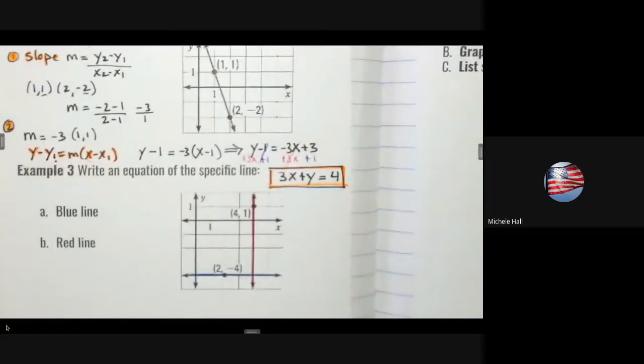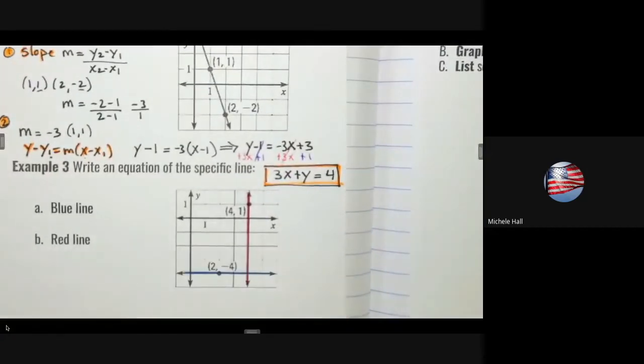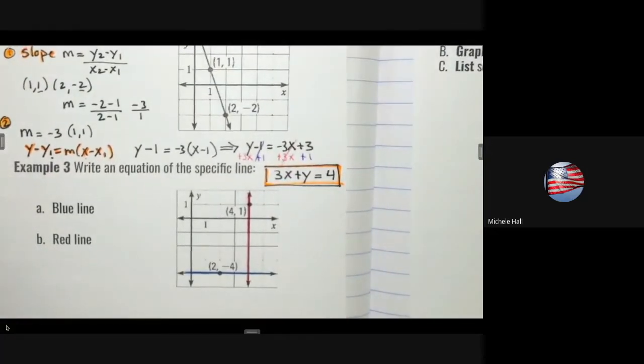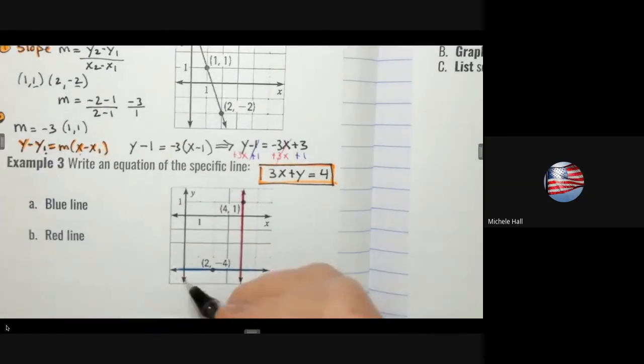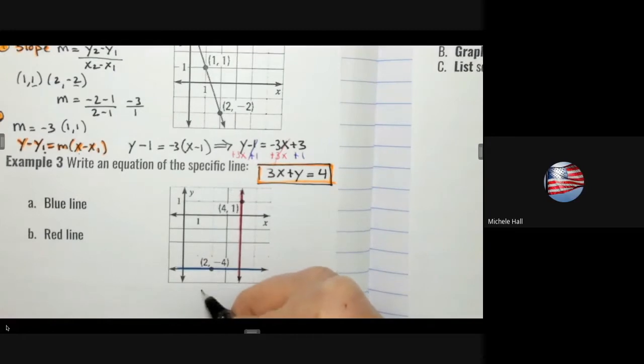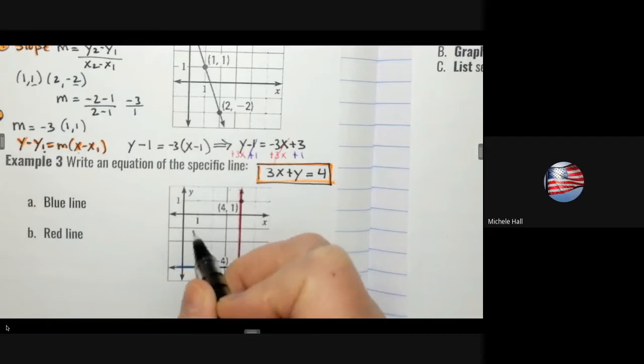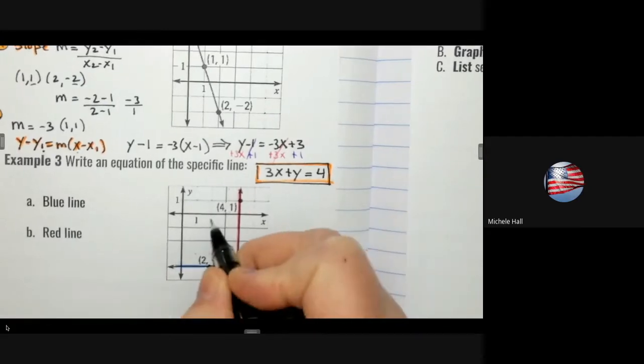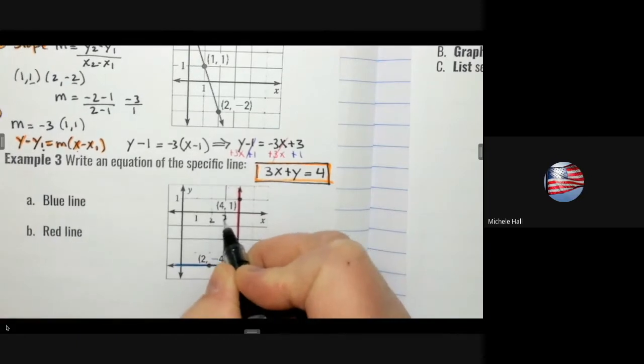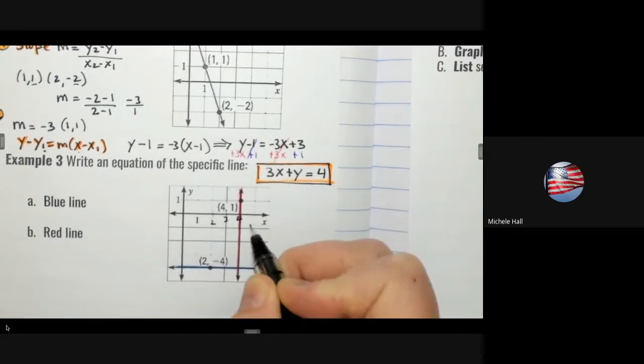So looking at these lines, we want to write an equation. And can we tell where it's crossing the axis? Let's see here. This is at 1 and -1. That's 1. So this would be 2, 3, 4.